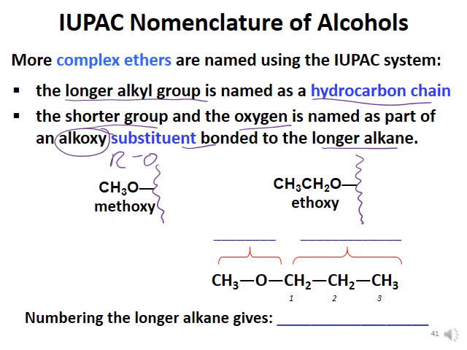All right. So if we number the longer chain, knowing that this is 3 carbons, so it's a propane, and this is a methoxy group because it's the smaller.